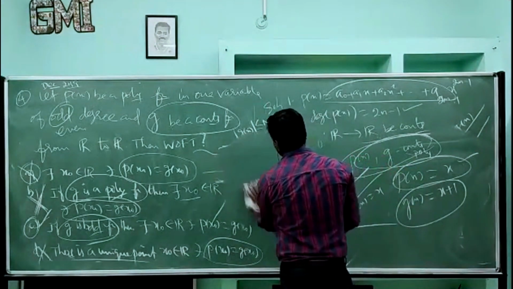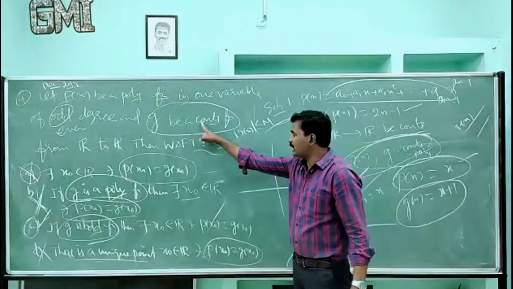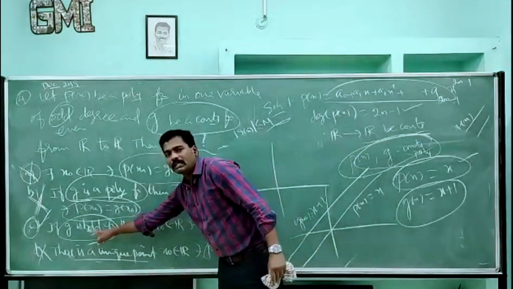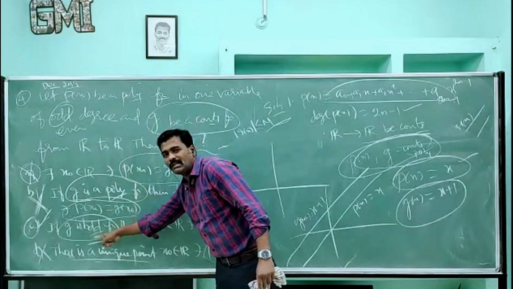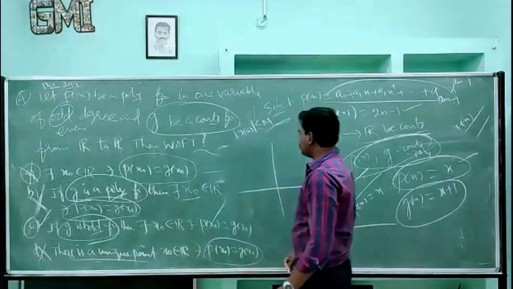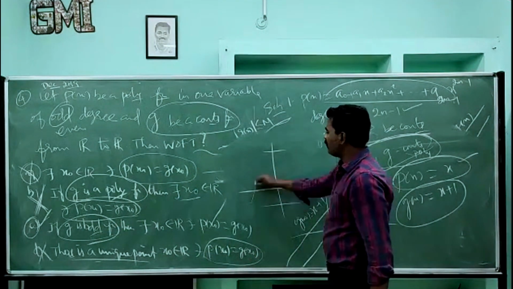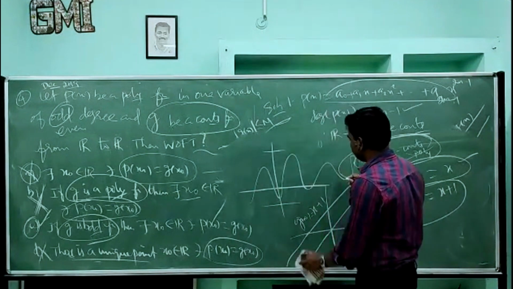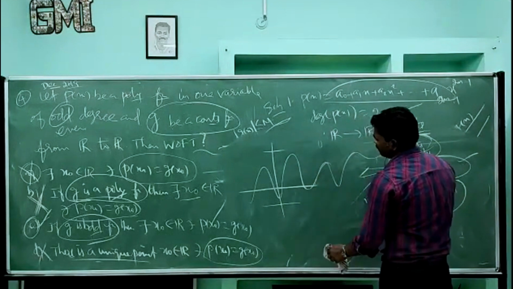First, just try to understand geometrically. G is continuous and the extra hypothesis is bounded. A bounded continuous function means the range set of G lies somewhere within bounds, a continuous function like this. I am just justifying, that's all.